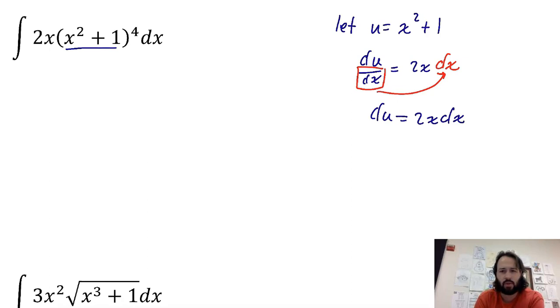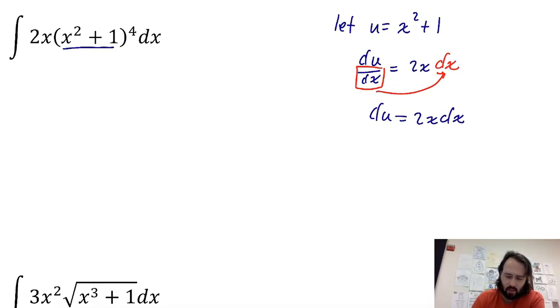Well, that's pretty interesting, right? And the reason I say that's interesting is because 2x dx is right here. 2x dx, without that fourth, right?